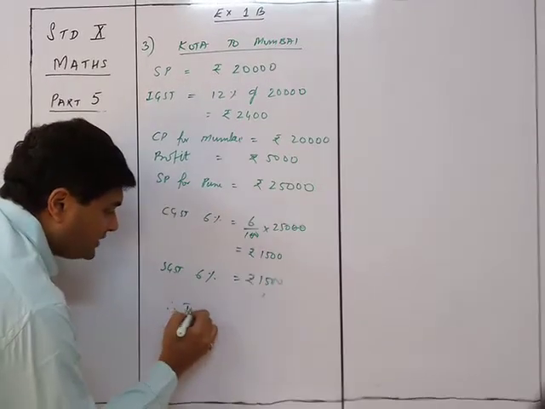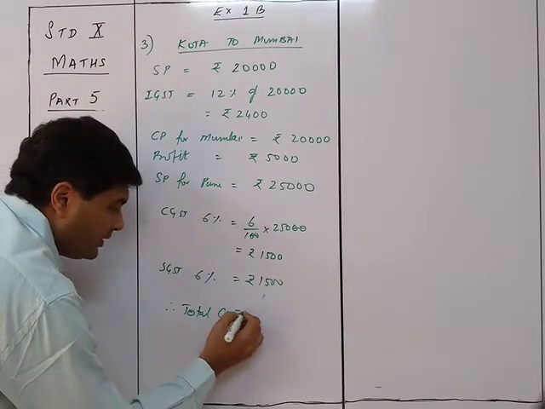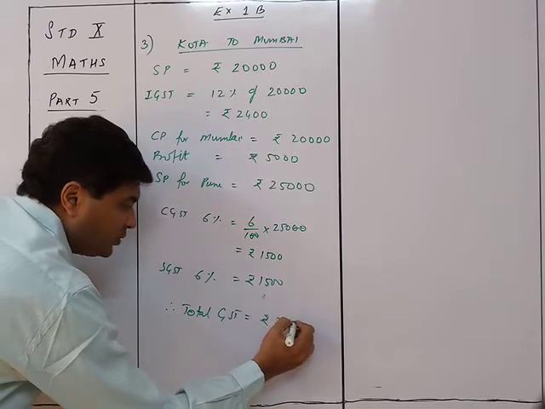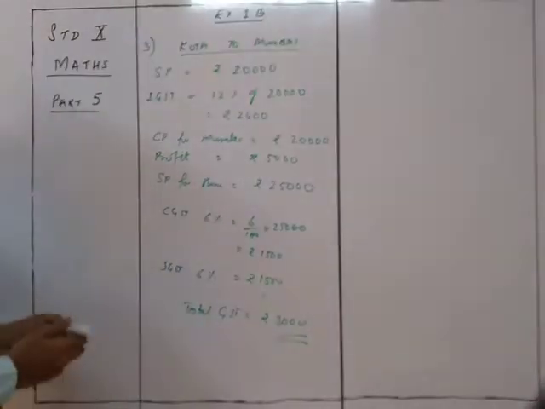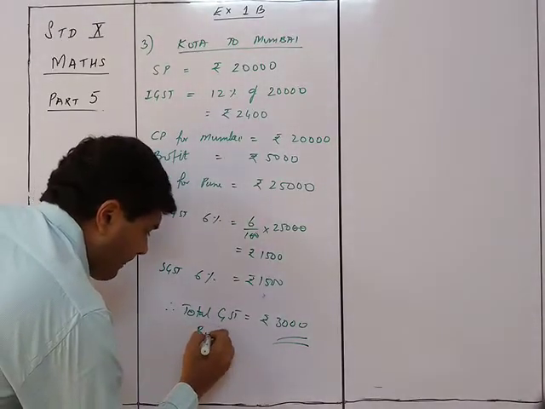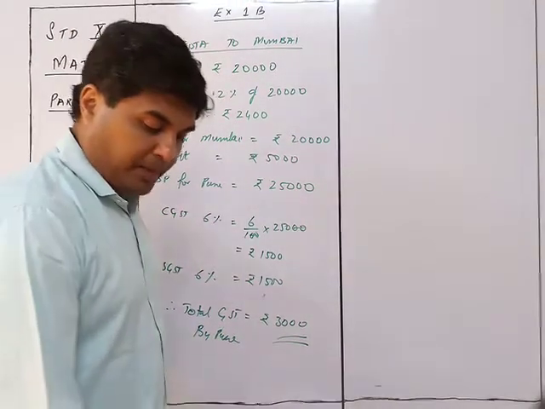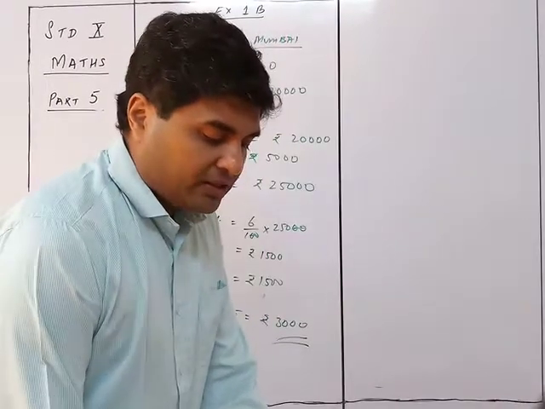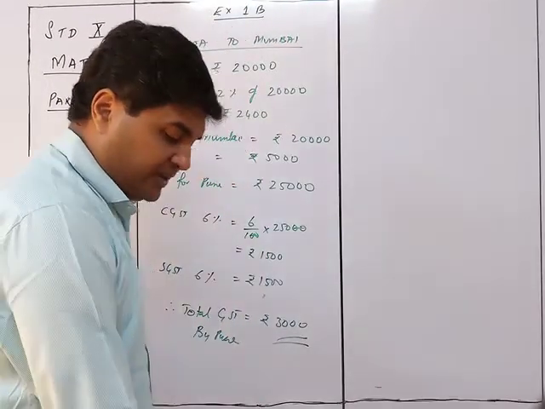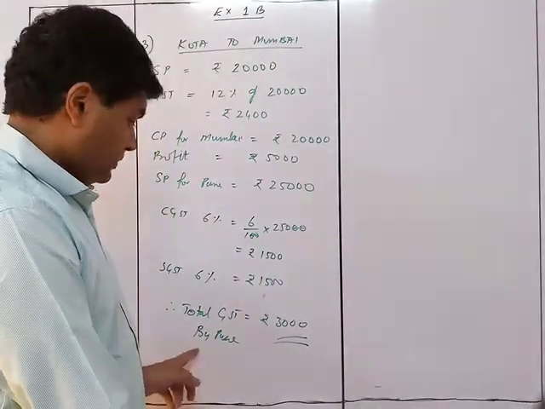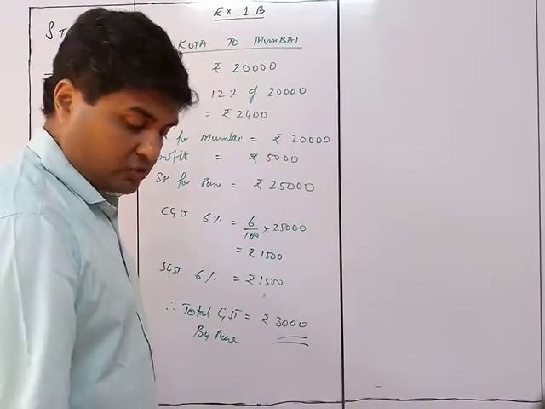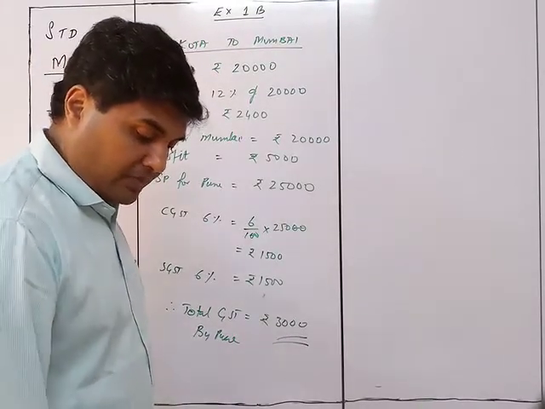Therefore, total GST is equal to rupees 3,000. Got it? The total GST paid by the Pune person for the material was rupees 3,000 as he was the consumer. So that was sum number 3.